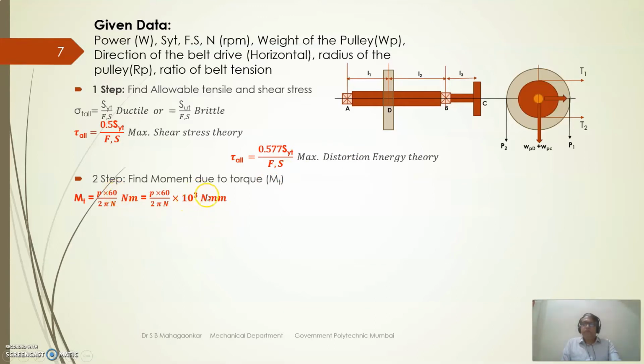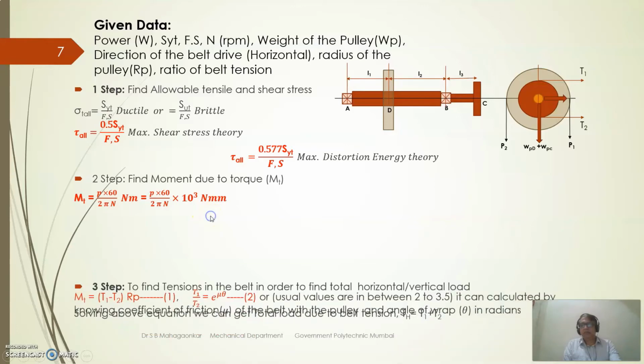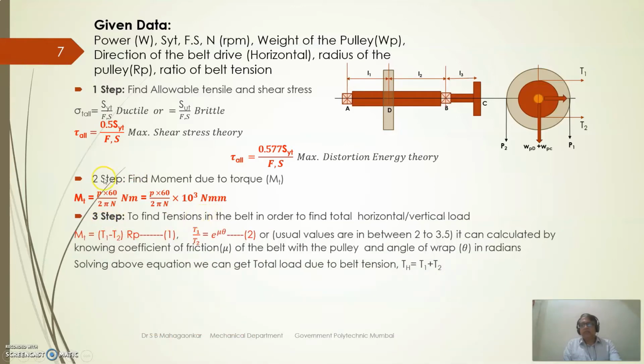Step 2 is to find the torque moment, MT. It is P into 60 upon 2 pi N. You will get it in Newton meter, and multiplied by 10 raised to 3, you can convert it into Newton mm.